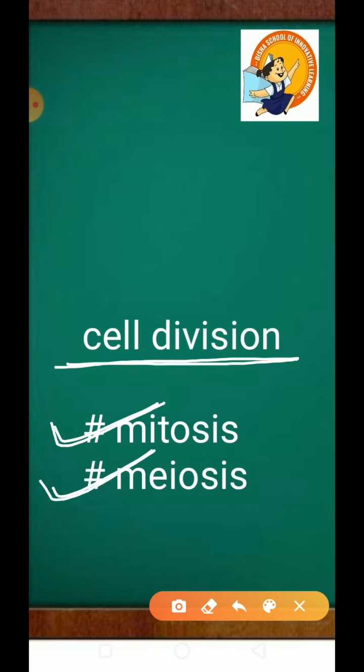Mitosis takes place in the somatic cells, the cells responsible for the growth and development of our body. And the meiosis takes place in the germ cells, which are responsible for reproduction.